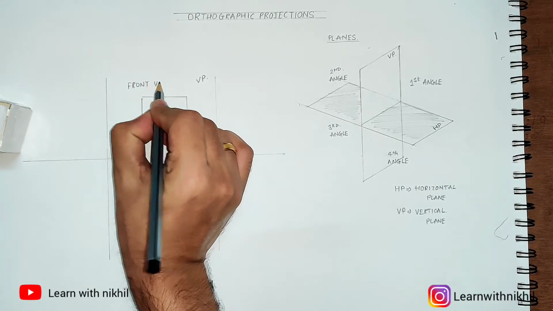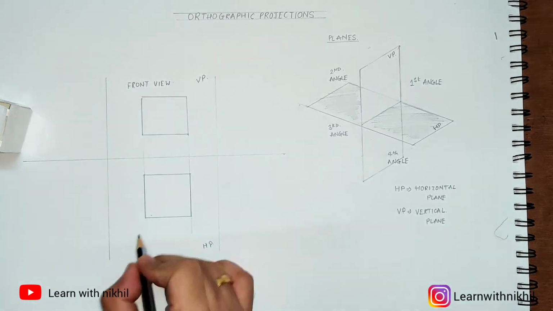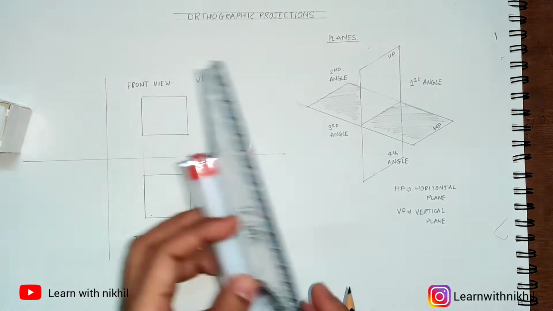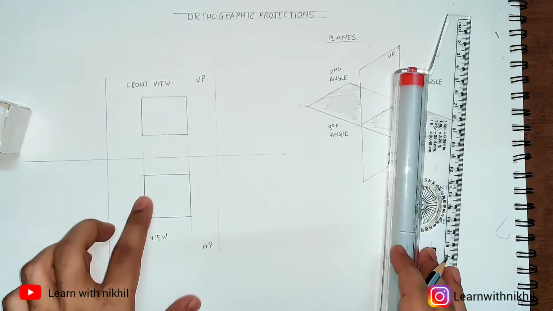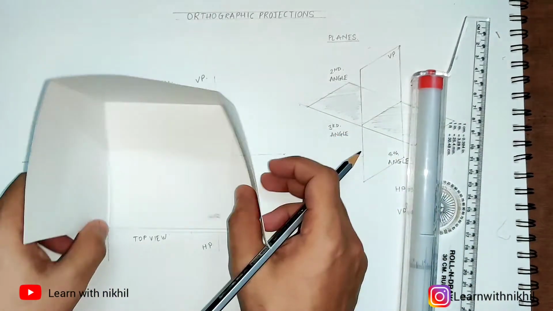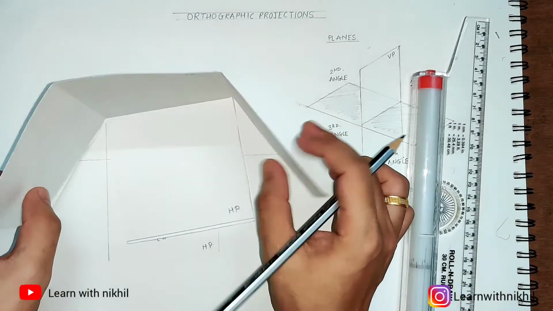So the upper side is the front view, which is formed on the vertical plane, and the bottom side is the top view, which is formed on the horizontal plane. So always first we have to draw the front view, after that we have to draw the top view.